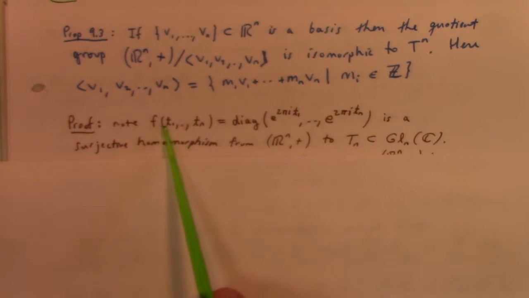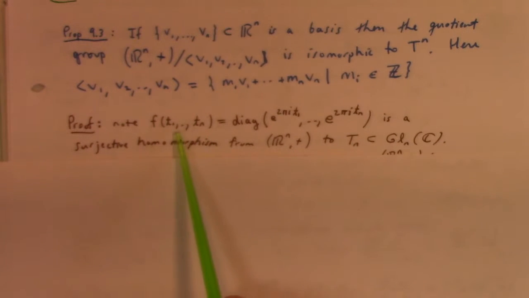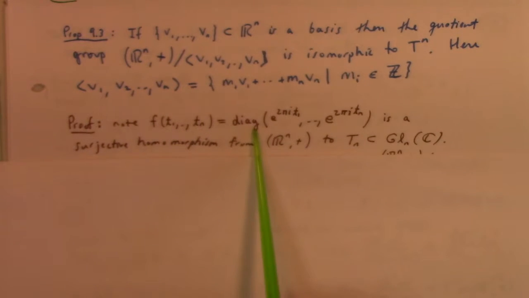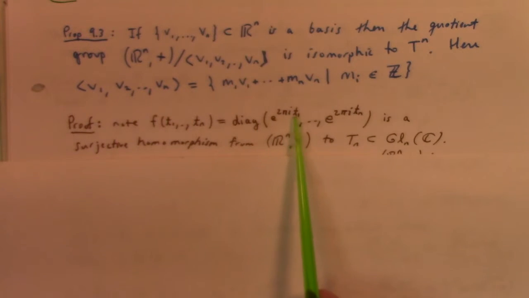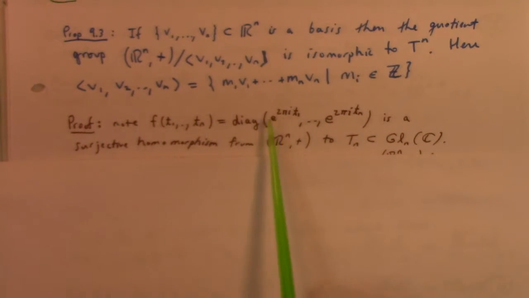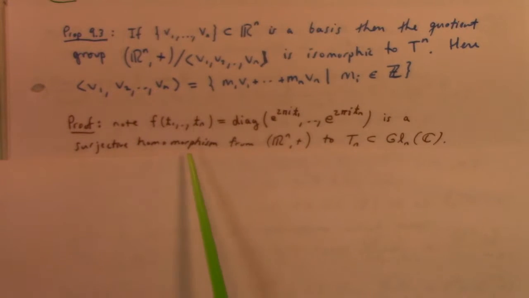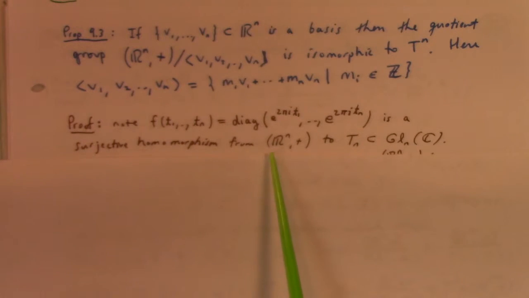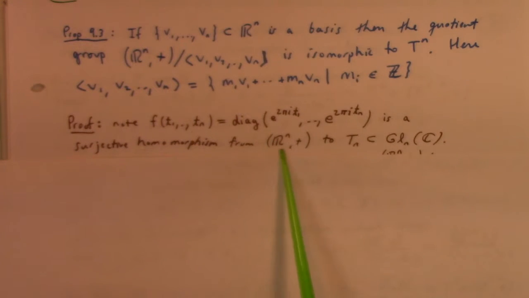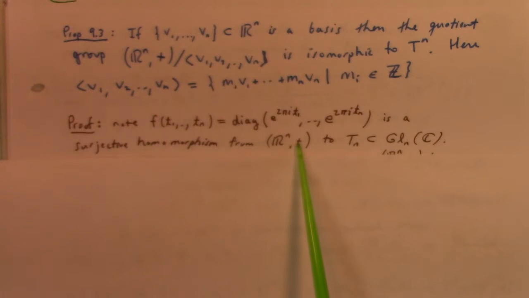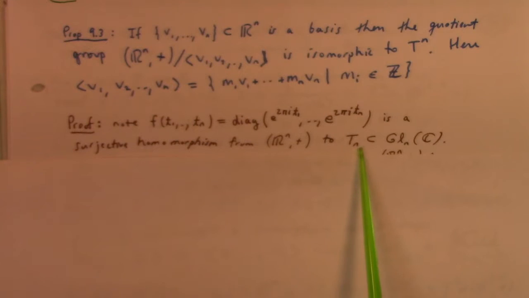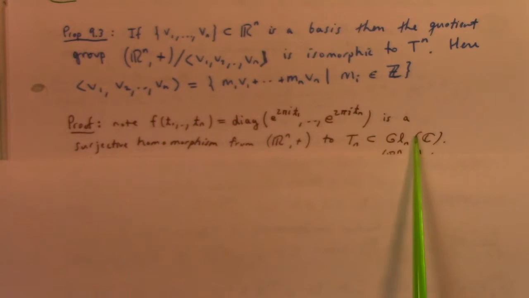If we have f defined as such, f of t1 to tn is the diagonal matrix with entries e^(2πi t1) through e^(2πi tn), right? So here's a mapping into that particular kind of invertible n by n complex matrix. That's certainly a surjective homomorphism from Euclidean n-space with respect to addition onto the n-torus as seen inside GL(n, C).